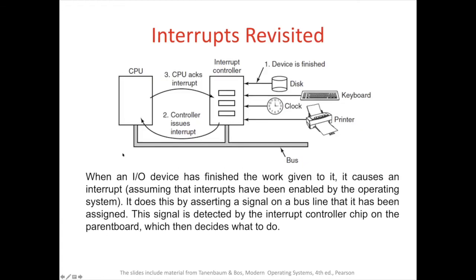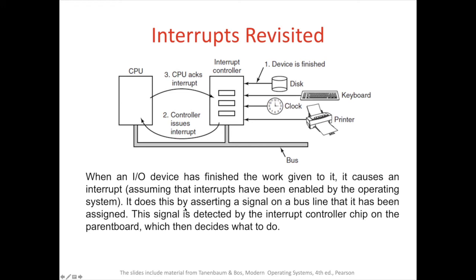Here, consider a system. We have a CPU, we have an interrupt controller, and also we have some input-output devices. The CPU and interrupt controller are connected through a bus. As the input-output devices, we have a disk, keyboard, clock, and printer, for example. When an I/O device has finished the work given to it, it causes an interrupt, assuming that interrupts have been enabled by the operating system.